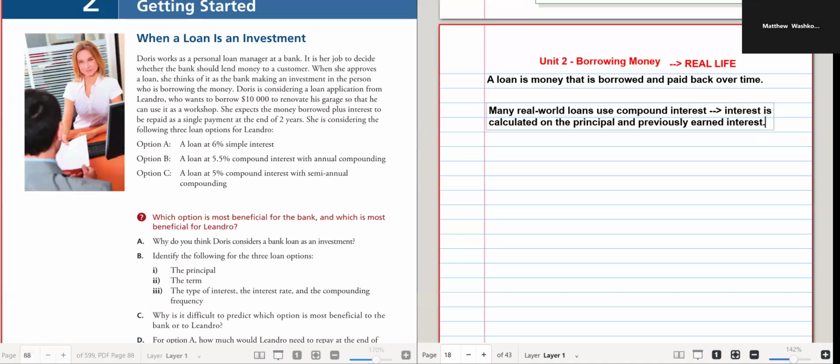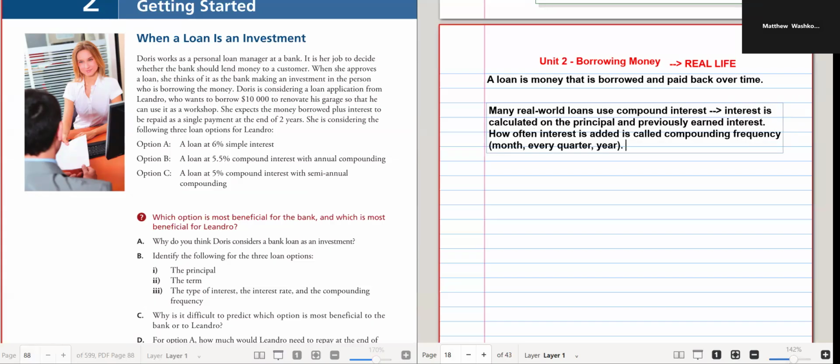Now, a couple terms here. How often interest is added is called the compounding frequency, and that can be every month, every quarter, every year, and so on. It usually tends to be once a month; that's how the world kind of runs.